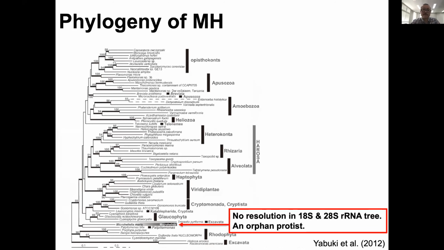And this is a combined ribosomal RNA gene tree. So MH is here. MH branched with Palpitomonas, but this position is not supported well. Therefore, I think MH is an orphan protist, one of the orphan protists.